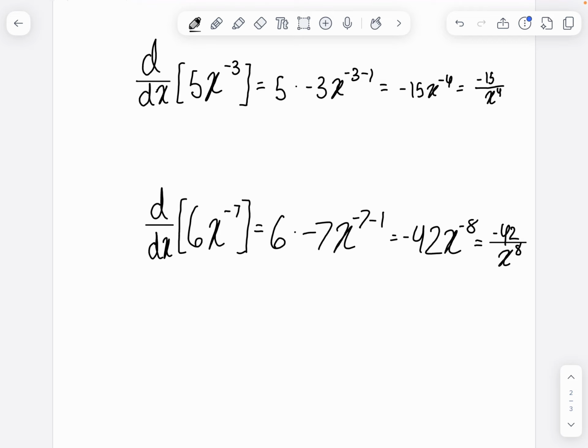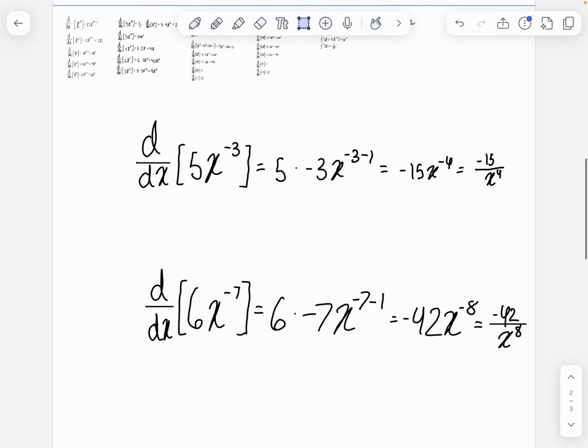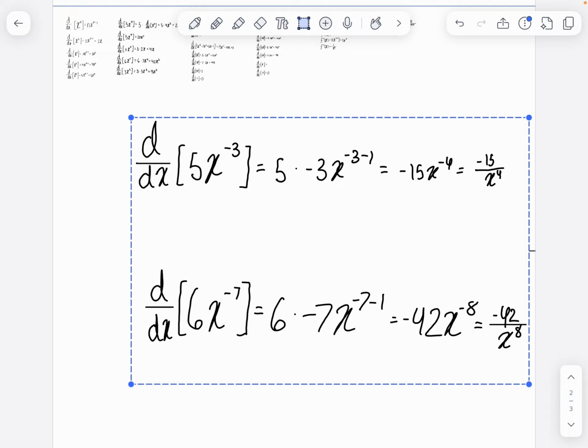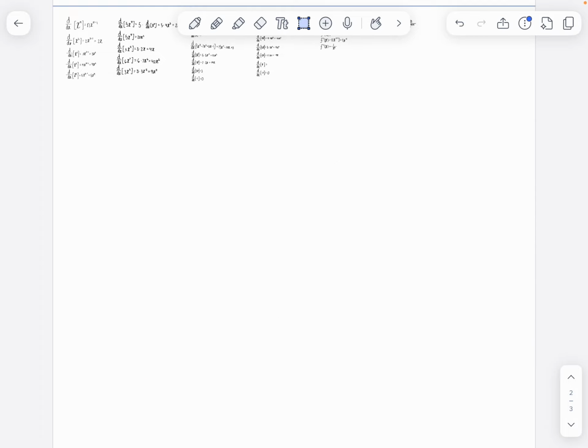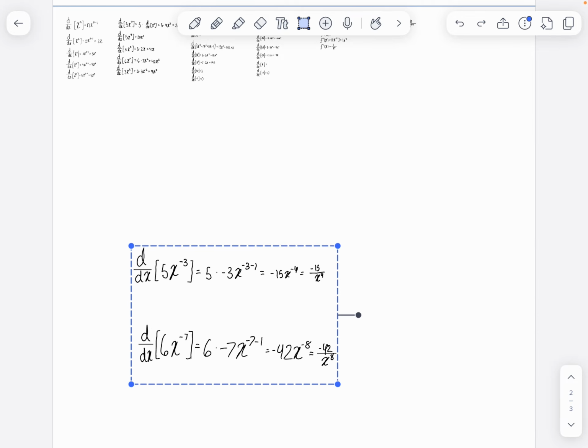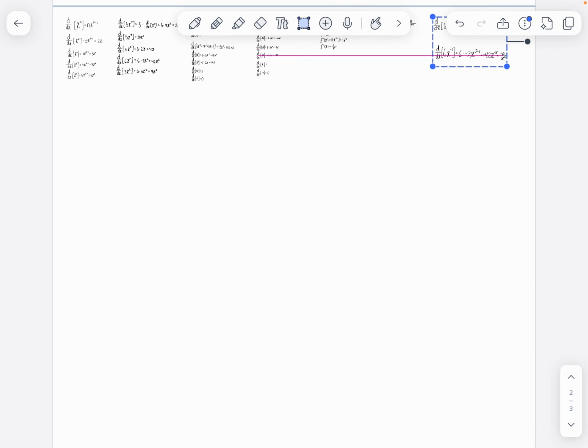That is negative. Now let's try and do rational equations. Okay, so we're going to be learning how to do the derivative of any rational function.